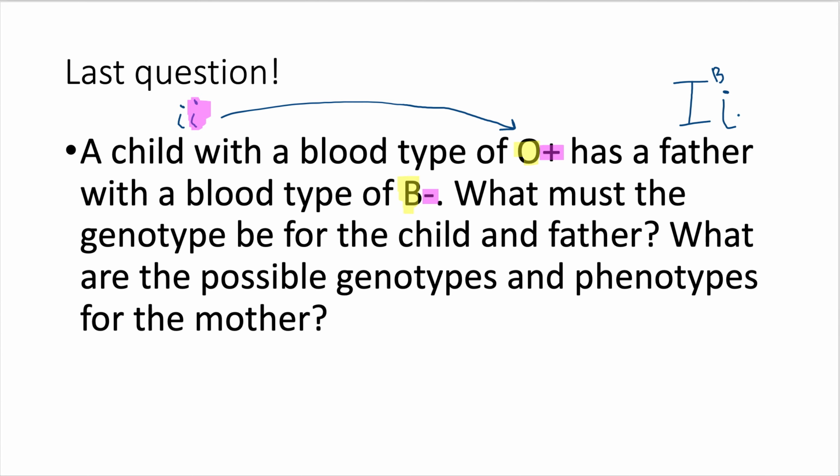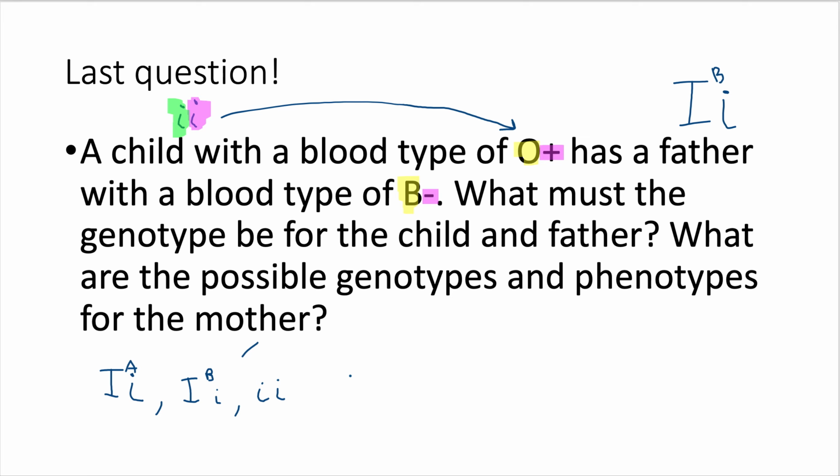Okay? So now we're trying to figure out the possible genotypes and phenotypes for the mother. So that one I highlighted in pink came from dad. This one I'm highlighting in green must come from mom. So mom could actually be anything with an i. So she could be I A, I B, little i, or she could be type O herself.